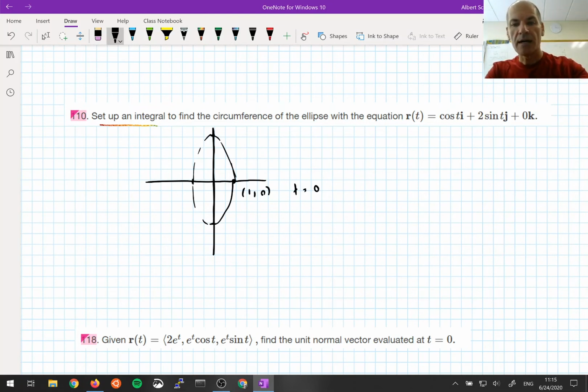Up here, you're at 0, 2, and that corresponds to t equals pi over 2. And if you keep going out here, this is t equals pi. This is t equals 3 pi over 2. And then finally, you're back at the beginning. You've gone around exactly once.